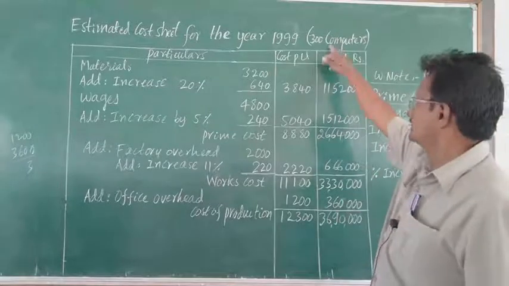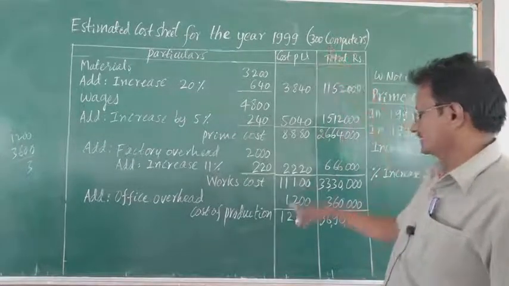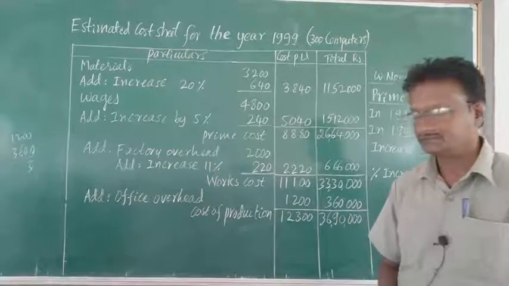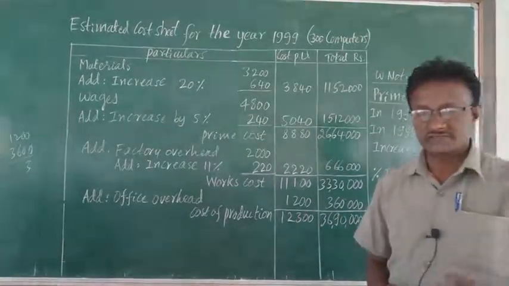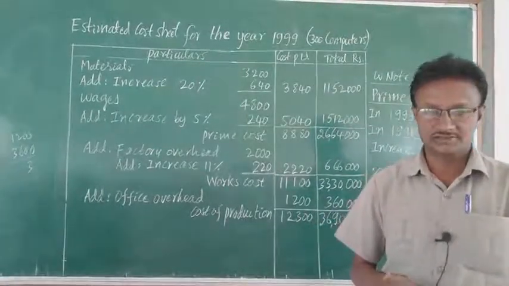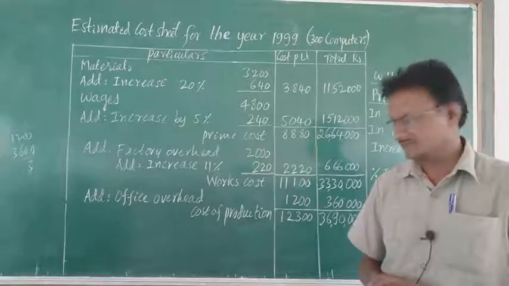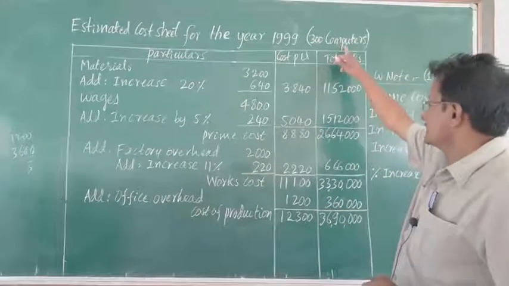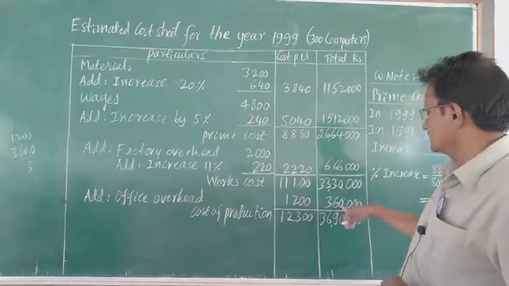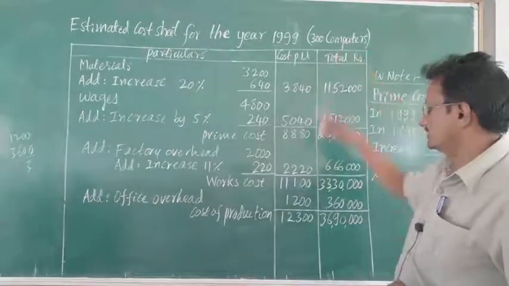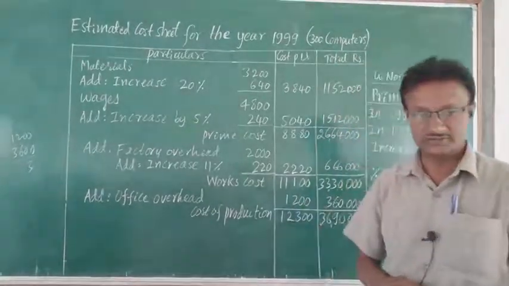3,60,000 divided by 300 computers becomes 1,200. Office expenses will not change, but the cost per unit will decrease, because total office expenses is 3,60,000 and for 300 computers it becomes 1,200.